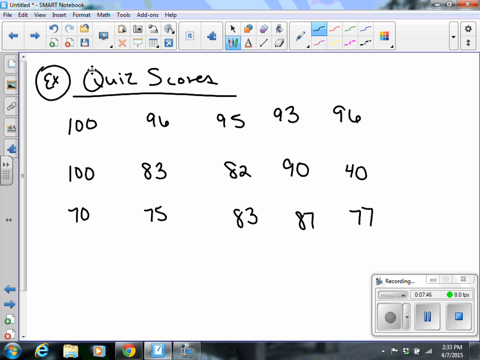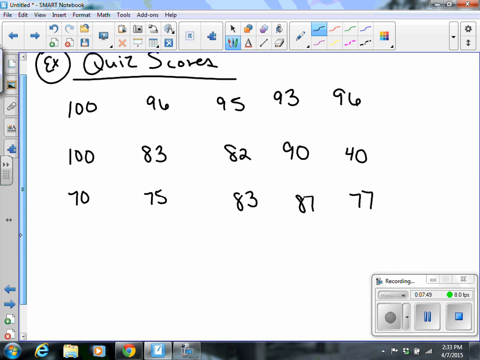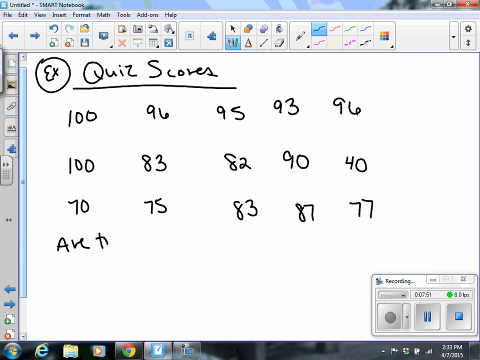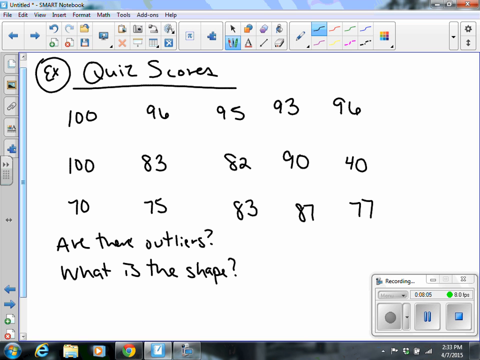Are there any outliers? What's the shape? That's what I'm asking you. Now, something some people may notice is that this information could change based on your intervals. Whether or not you had an interval that's from 5s or 10s or whatever it is, that could change. But I just want you to think about, okay, are there actually outliers and what is the shape?